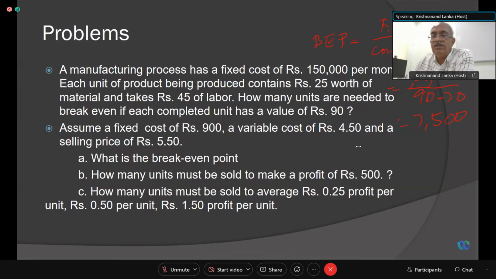But till that time, suppose he produces 7,000, what is the expected loss for him? Suppose he produces only 7,000 units. What is the amount of loss he is likely to incur?